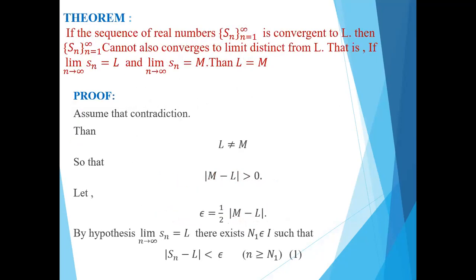Next, the theorem. The statement: if the sequence of real numbers {S_n}, n equal to 1 to infinity, converges to L, then {S_n} cannot also converge to a limit distinct from L. That is, if the limit as n tends to infinity of S_n equal to L, and the limit as n tends to infinity of S_n equal to M, then we have to prove that L equal to M. Proof: assume, for contradiction, that L is not equal to M. So the modulus of M minus L is greater than 0.